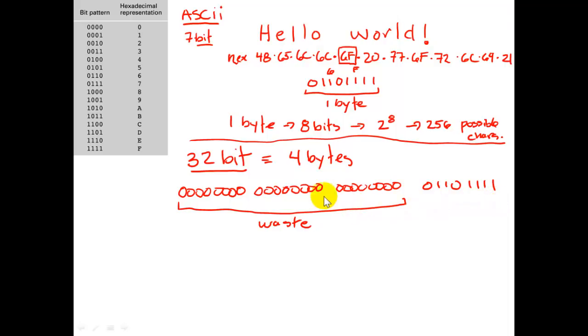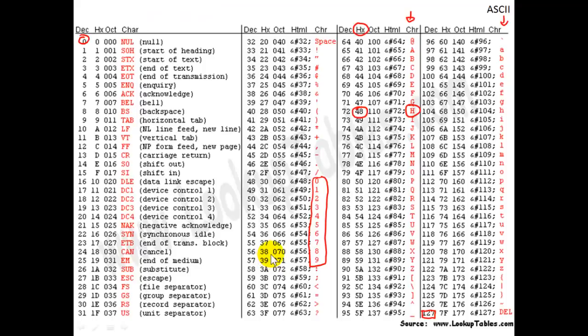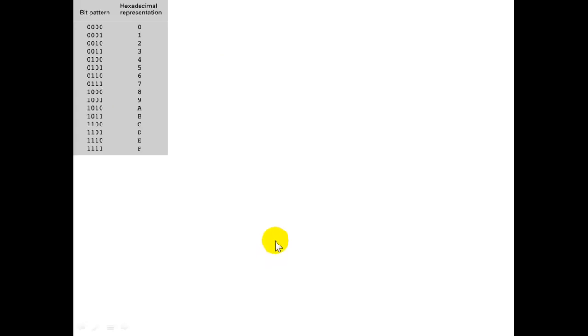And this is where our UTF-8 code enters into play. So let's just move on to our next slide right here. UTF-8 is a variable width encoding system, which is the de facto standard on the internet.